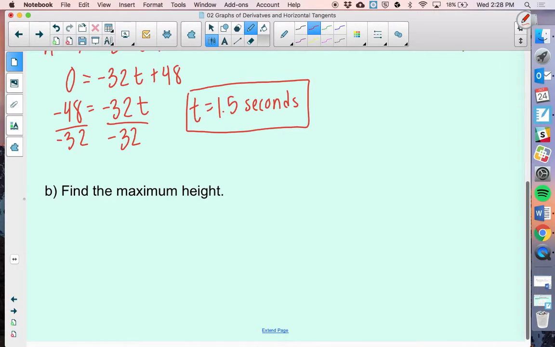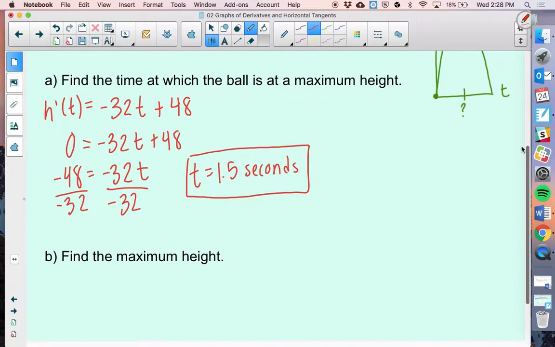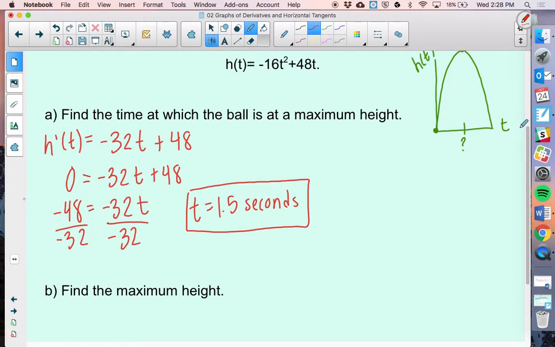I'm going to take the 1.5 and substitute it back into the original equation to get the y value. So y equals negative 16 times 1.5 squared plus 48 times 1.5. And plugging into my calculator, that gave me 36.